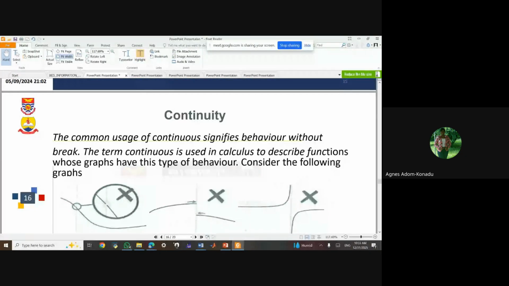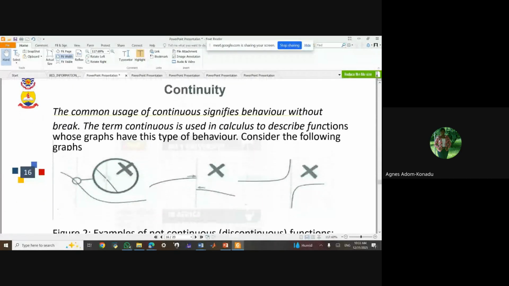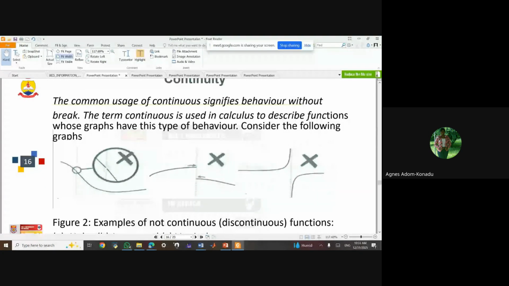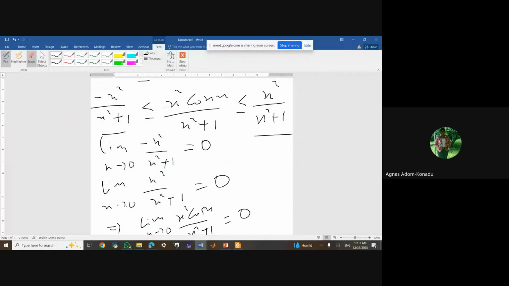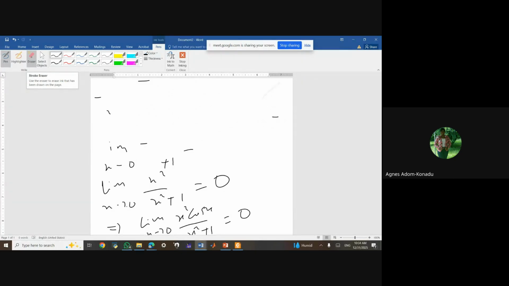So the term continuous is used in calculus to describe functions whose graphs have this type of behavior. The graph is like this, there's no break.